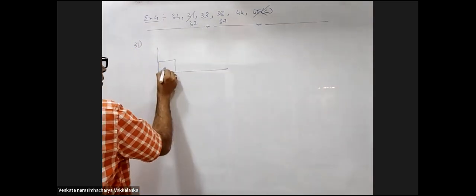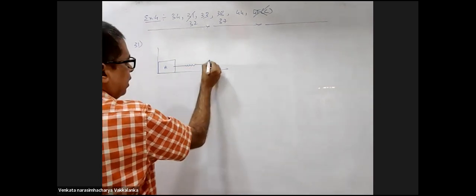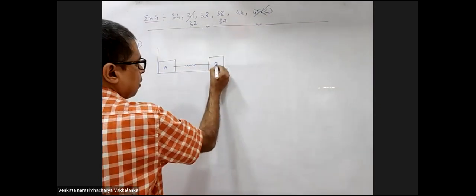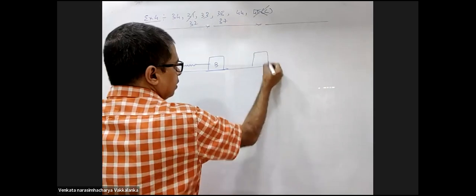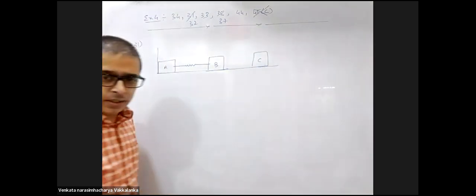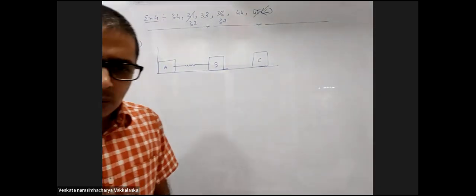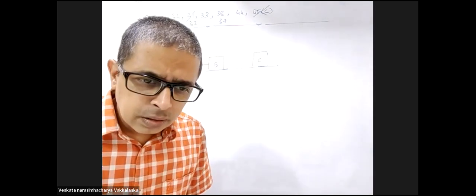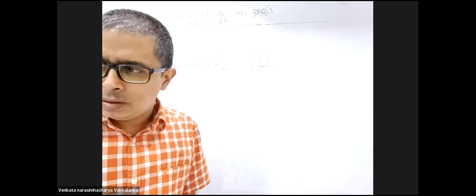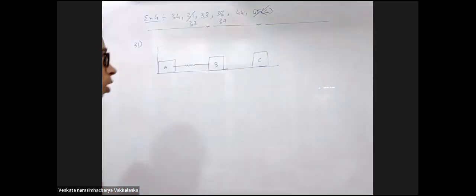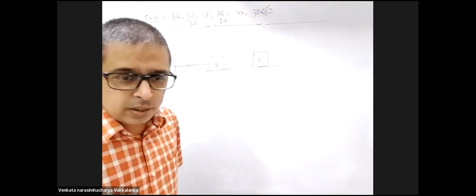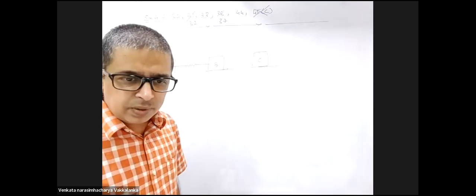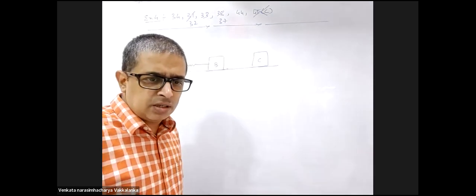You have a block A and a block B. Here you have a block C. All identical, mass M, connected by a spring. The system is placed on a smooth horizontal surface.